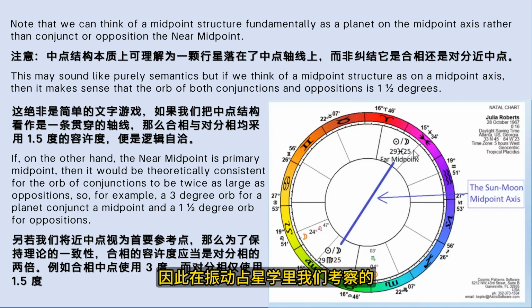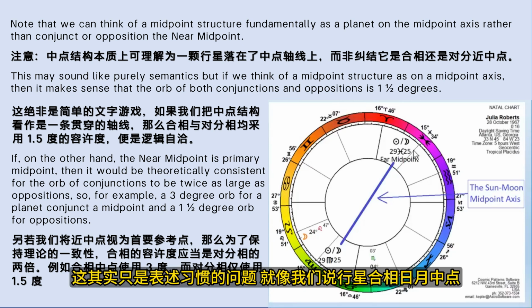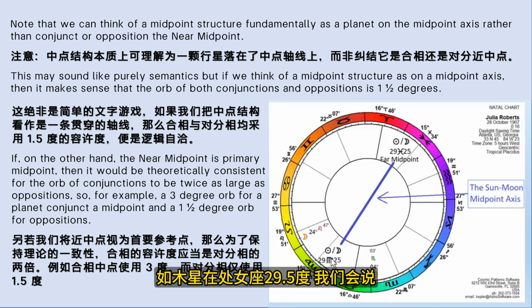So really what we're assuming in vibrational astrology is the power of the midpoint axis. So it's only language, like when we say a planet is conjunct the Sun-Moon midpoint. For example, if Jupiter was at 29.5 degrees Virgo, we would say Jupiter is conjunct the Sun-Moon midpoint.